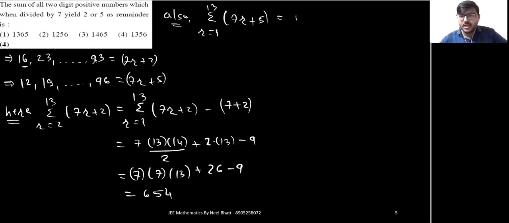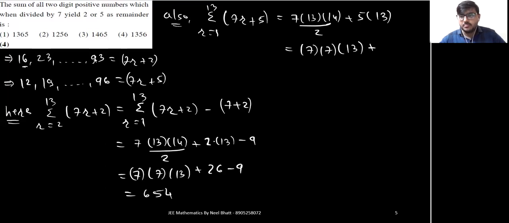Here again it is 7 into 13 into 14 by 2 plus 5 into 13, so 7 into 7 into 13 plus 65, and that will be 702.